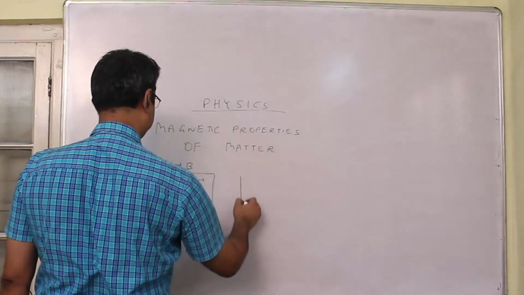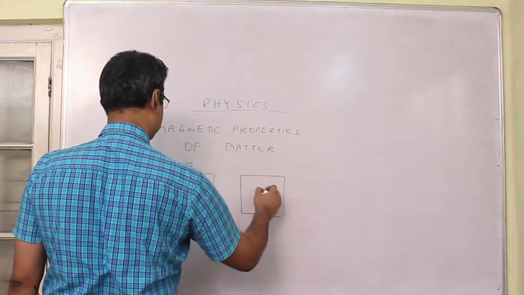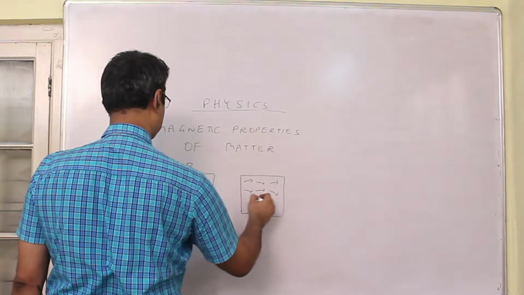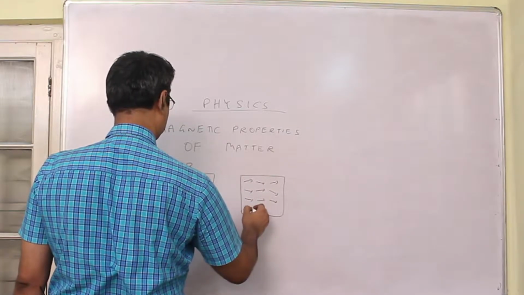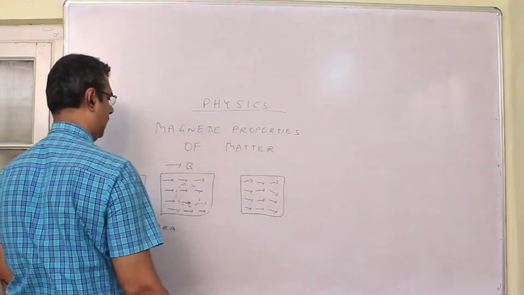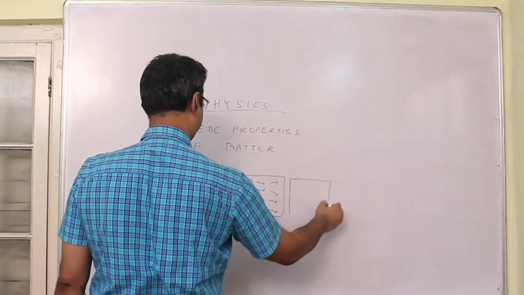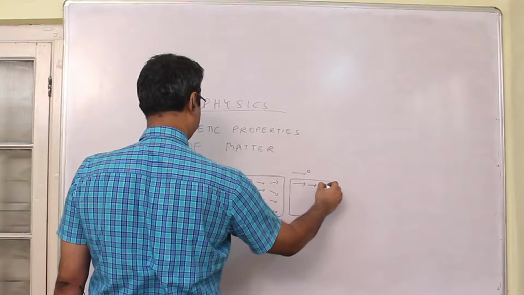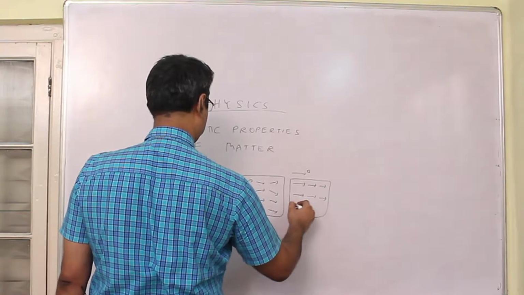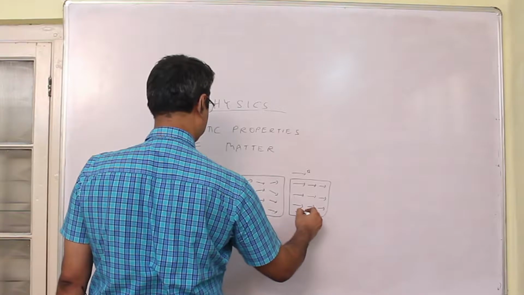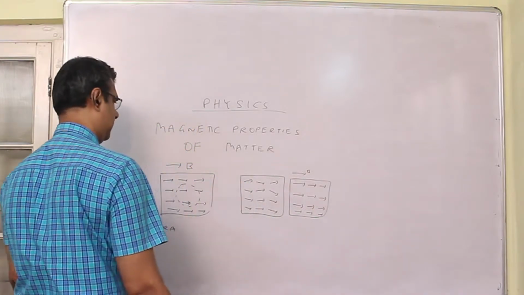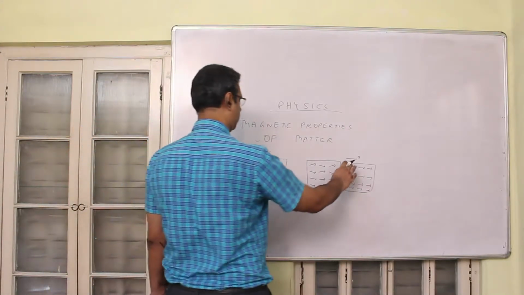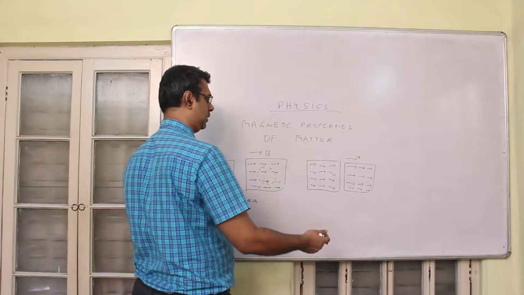To explain this further, let us say you have a substance whose initial dipole alignment is like this, and after applying a field, the dipole alignment becomes like this. So you can see that the dipole alignment was pretty strong initially, and after applying an external field it has become further strengthened.